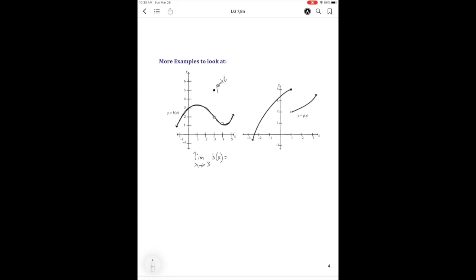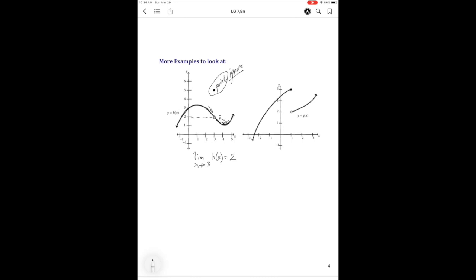So again, we're on the function. Ignore this, ignore it. It's just the point. You want to be on the function right here. So you're approaching this way to 3, and you're coming this way to 3. So we come across and the answer is 2.